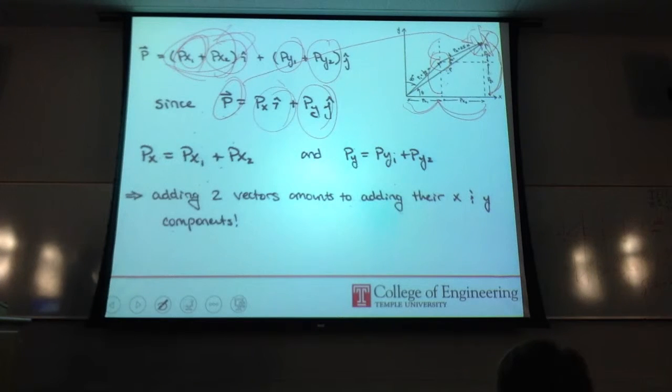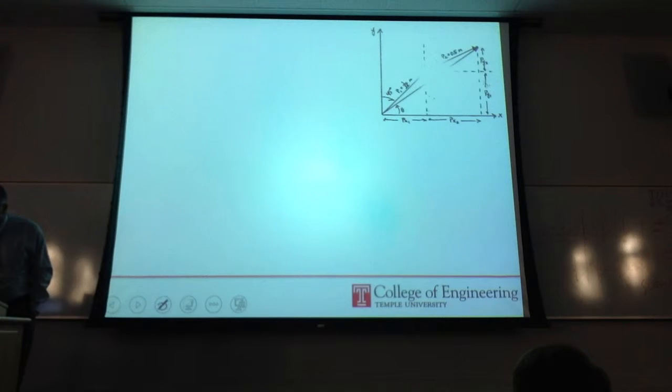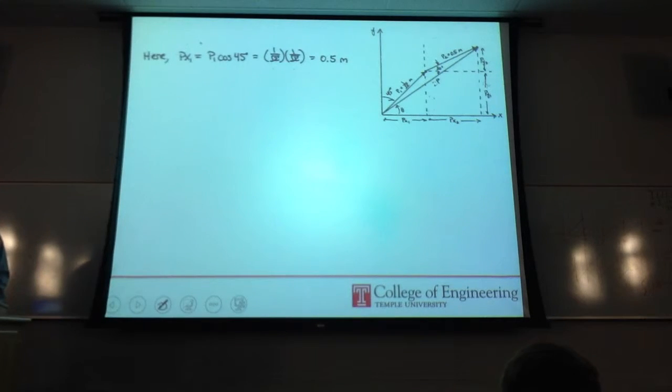All right, so now we want to get some values here. Now we got it as a vector. Now I want to actually go to the problem itself and find out what these values are. Number one is I want to find out what is px1. How do I find px1?